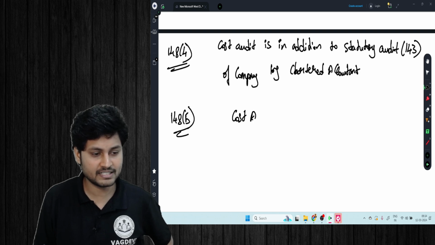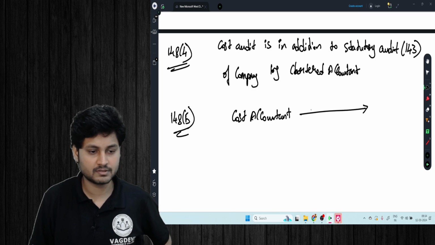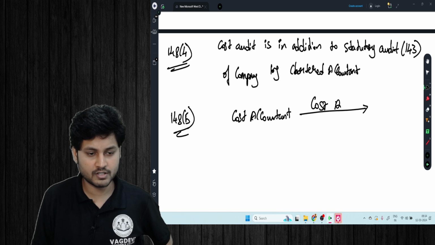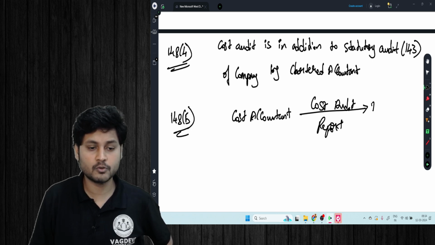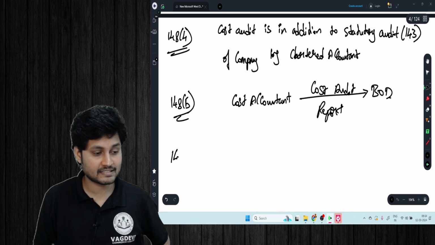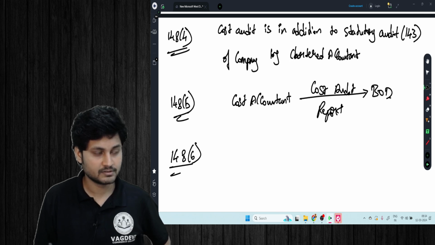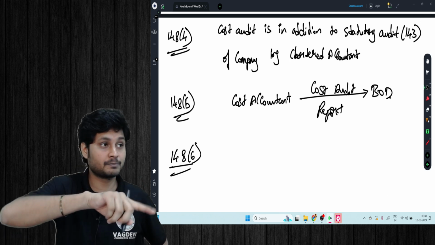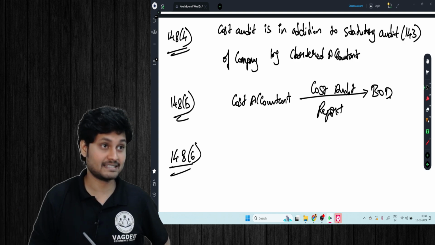The cost accountant needs to submit what? Cost audit report to whom? To the board of directors. Now 148 subsection number 6. The company needs to submit this report to whom? Central government.